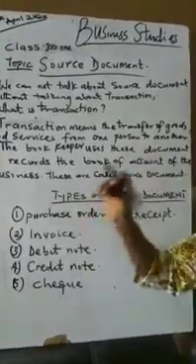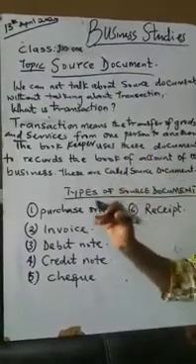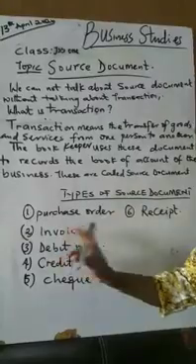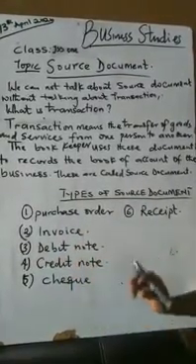Now, these documents come in stages. That is what will lead us into the types of source documents. We have purchase order, invoice, debit notes, credit notes, check, and receipts.